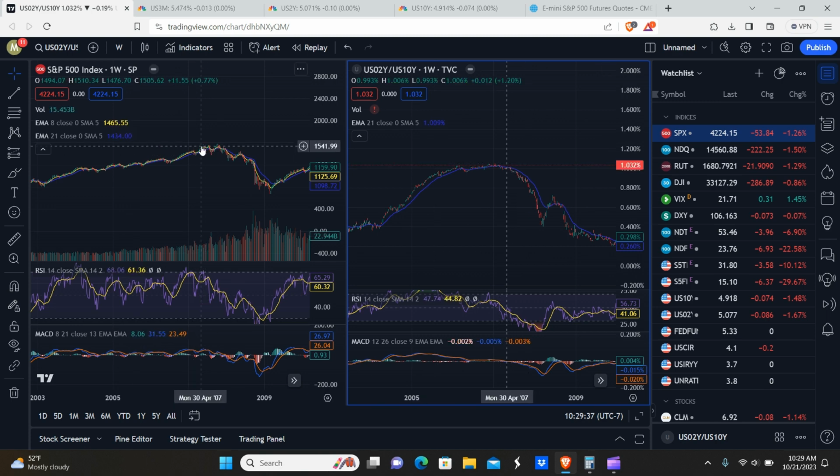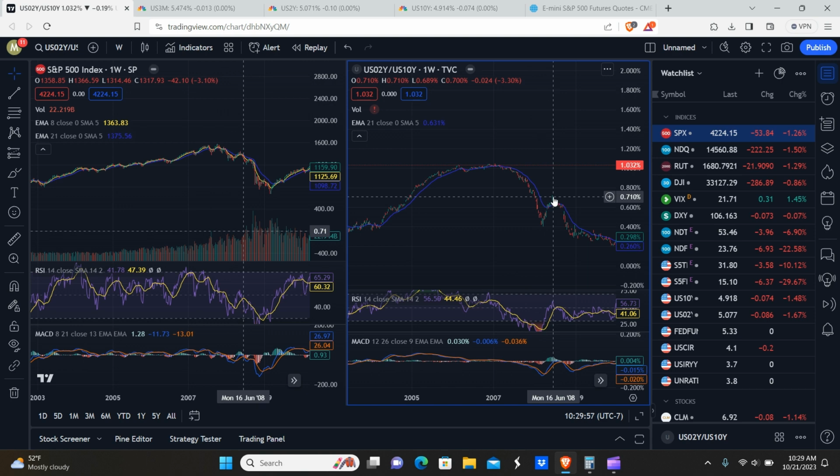It took roughly 6 months before the market started selling off. We did actually see that in a previous example too. So the yield curve inverts here, and then you get this really quick sell-off of yields. But it wasn't until we got the bounce here in June of 2008, so roughly about a year later, that things just absolutely plummeted in stocks.